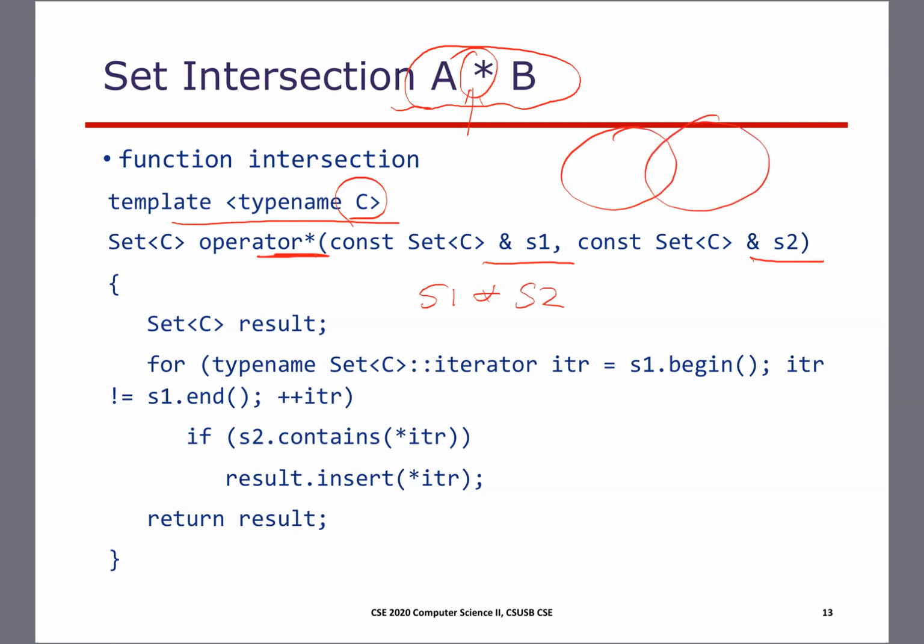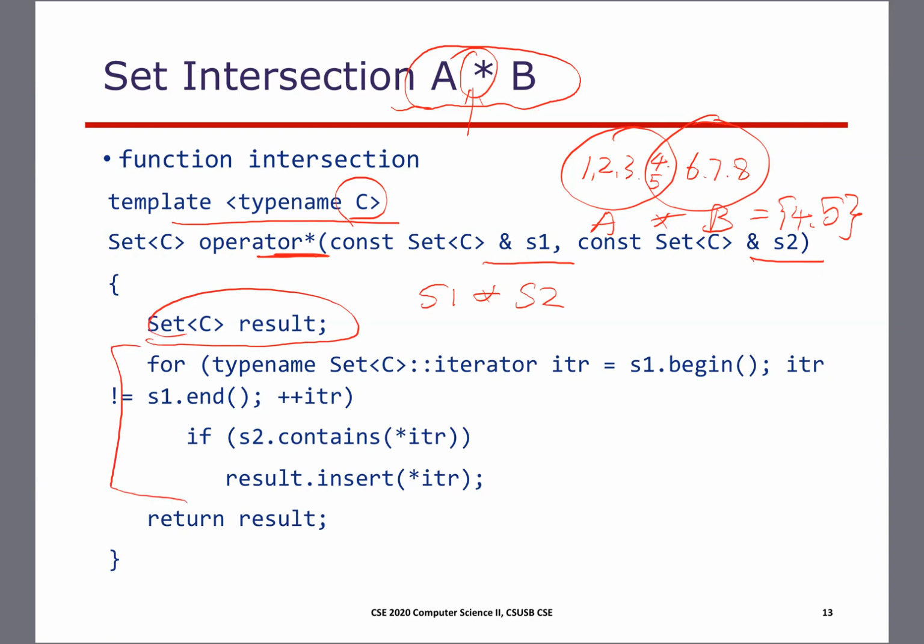And we have A is 1, 2, 3, 4, 5, and B is 4, 5, 6, 7, 8. A times B is equal to 4, 5, the elements in A and also in B. So here we declare a local variable result, and then we only use one for loop.